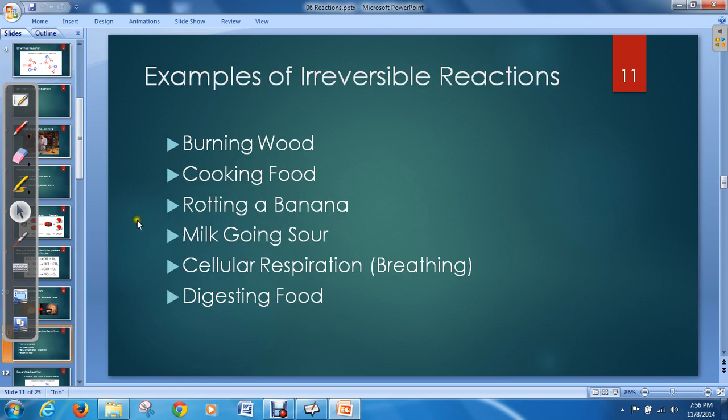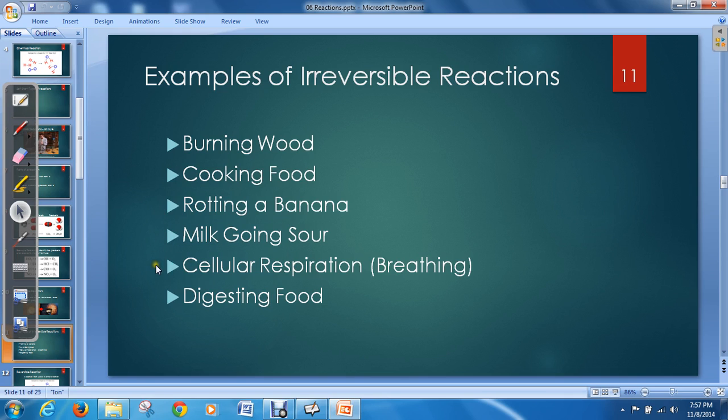Here are some other examples. Burning wood: once you burn wood, you get ash and smoke, and you can't put them back together and get wood out. Cooking food, you can't get the ingredients out once you make them. Rotting a banana, you can't get a normal banana back. Same with milk going sour.